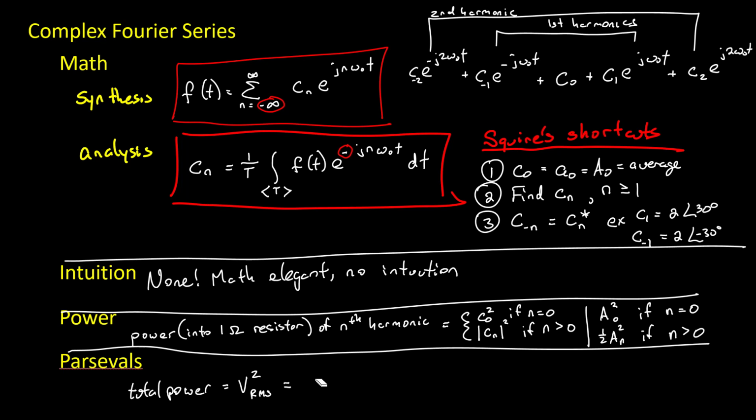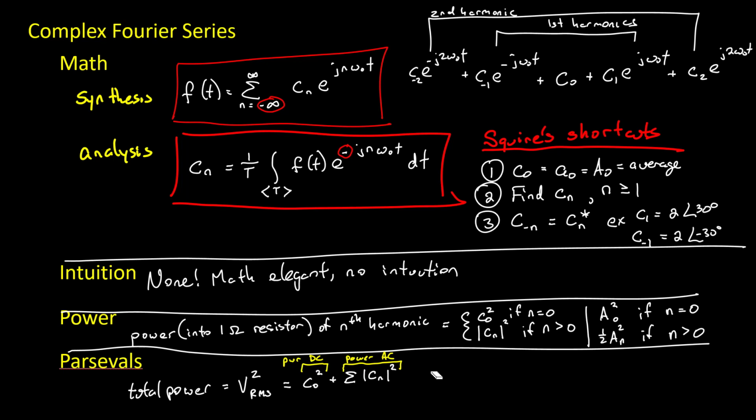Now Parseval's theorem says that if you take the sum of our DC component plus the sum of all the higher order harmonics, so this again is the power in the DC component, and then this is the power in all those AC components.